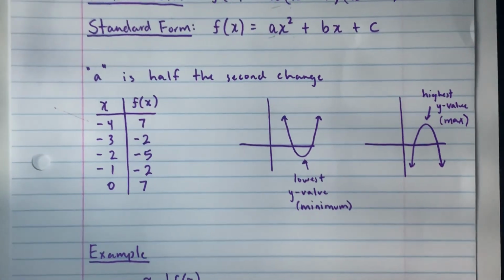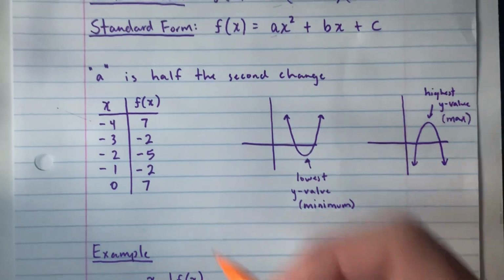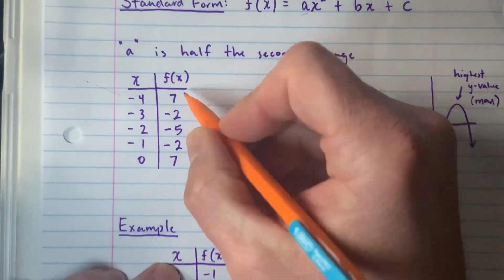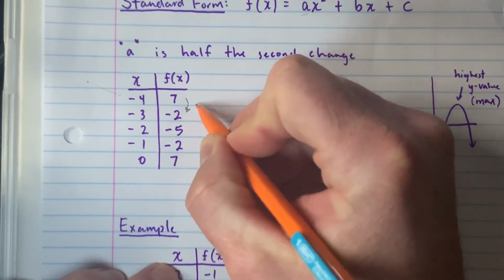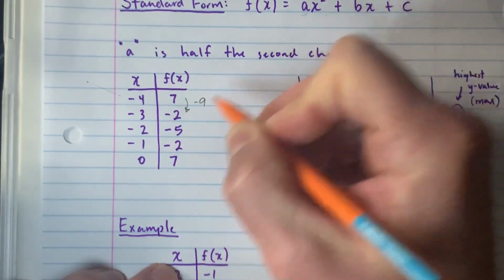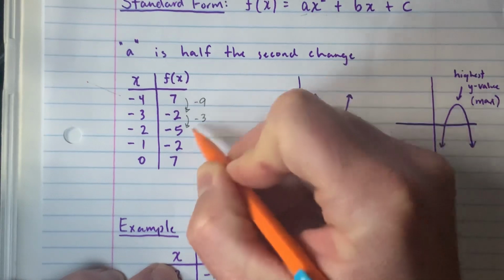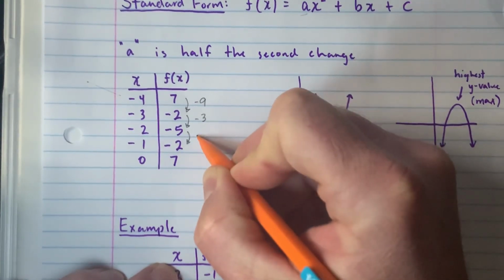Remember, kind of review, the A value is half the second change. So if we want to find that second change, we've got to find the first change first. In this case, the first change looks like it's going down 9. This one goes down 3. This one goes back up 3.